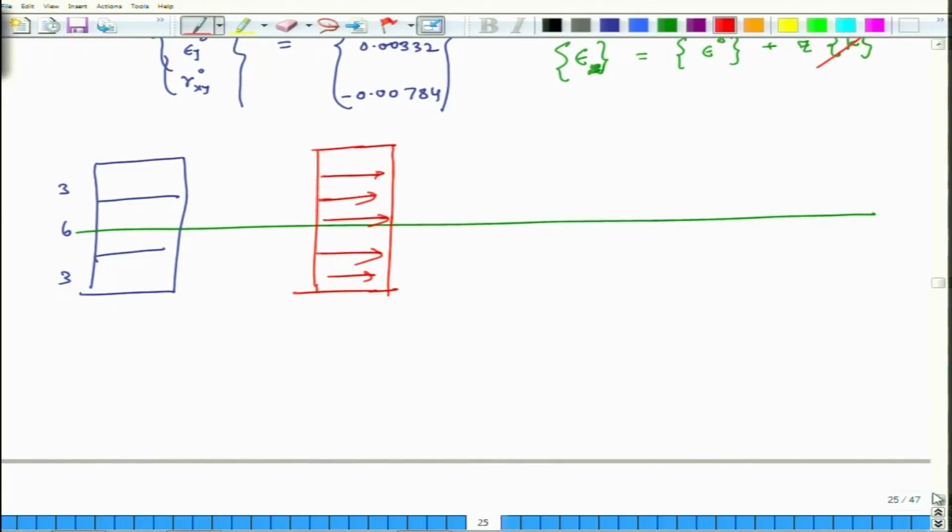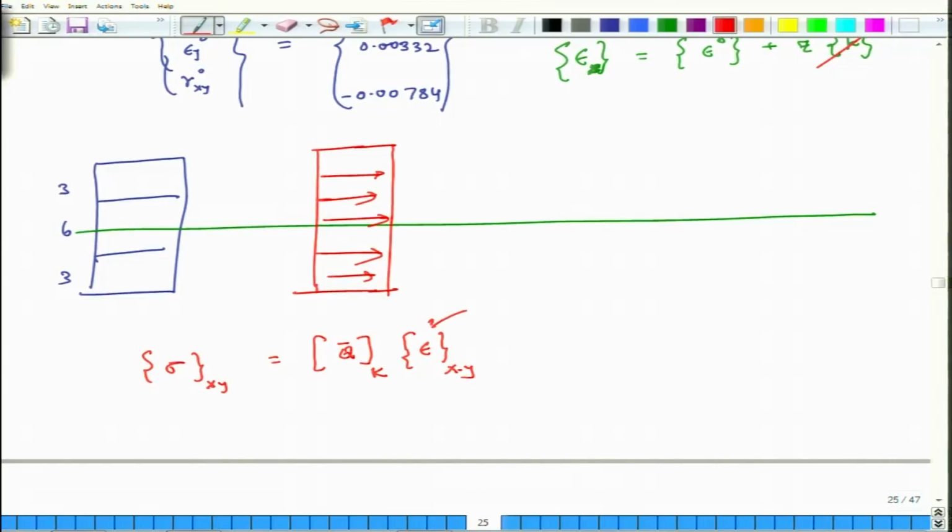Once this is done, we compute sigma x, sigma y and tau xy for each layer. So, sigma in the xy plane for the kth layer is Q bar k times epsilon with respect to the xy plane.